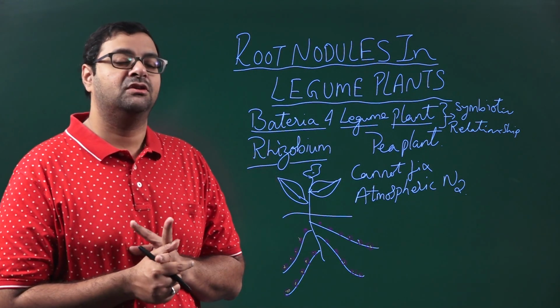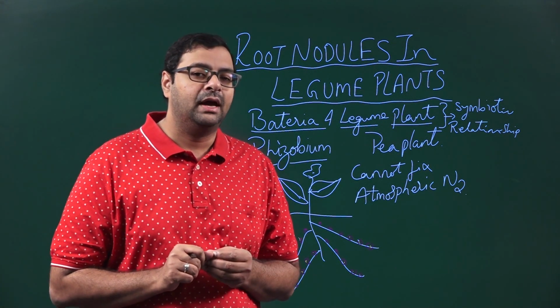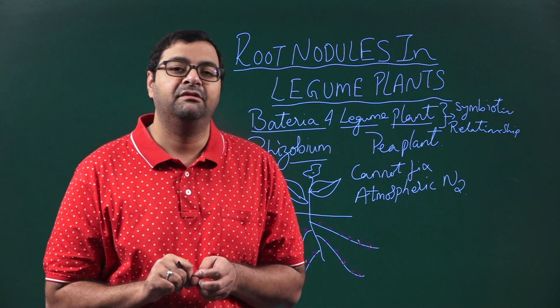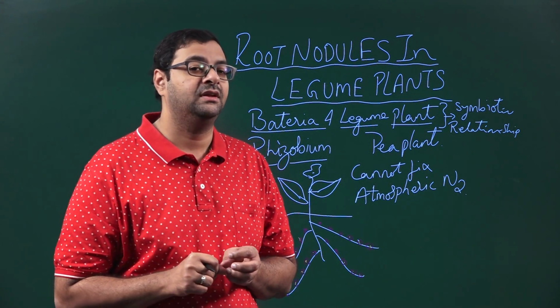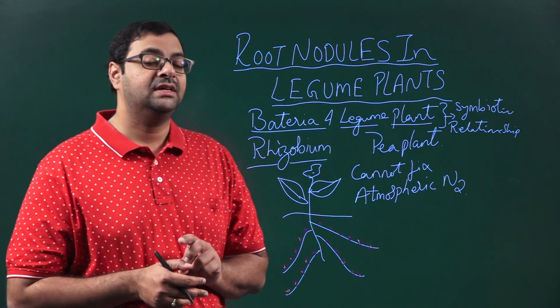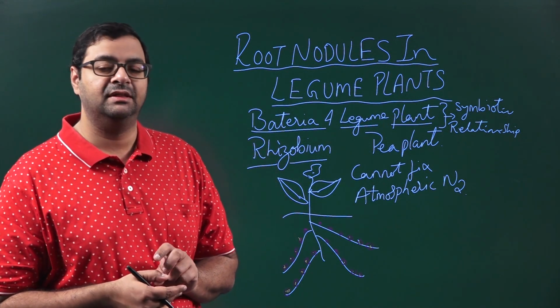Say for example, a rhizobium can fix up to 50 to 150 kgs of nitrogen in the soil per hectare of land. This is used as an advantage for the farmers.